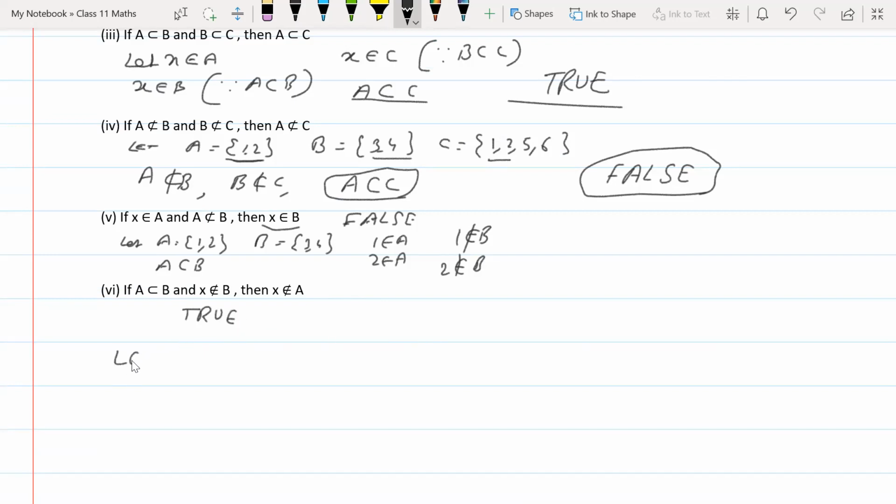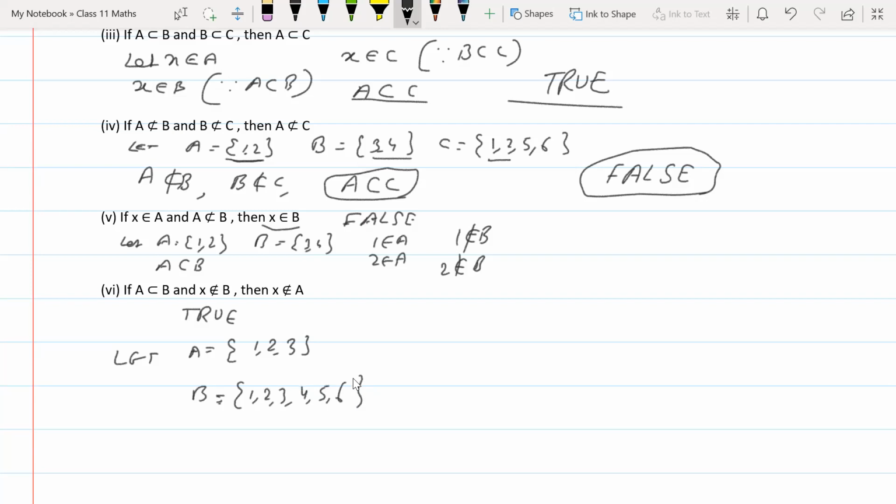Let's solve it. A is a subset of B. A's elements are 1, 2, 3. B's elements are 1, 2, 3, 4, 5, 6.